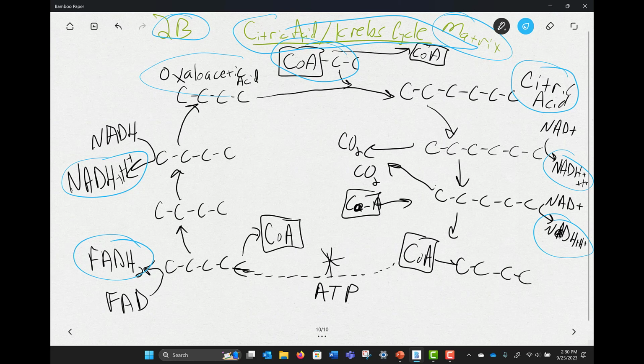We end with a molecule of oxaloacetic acid times 2. We have 2 molecules of CO2 produced as waste times 2. And we produced 1 molecule of ATP times 2. That ATP was produced through substrate level phosphorylation.